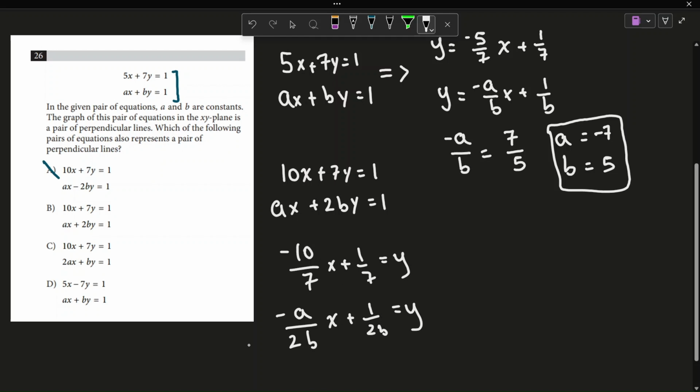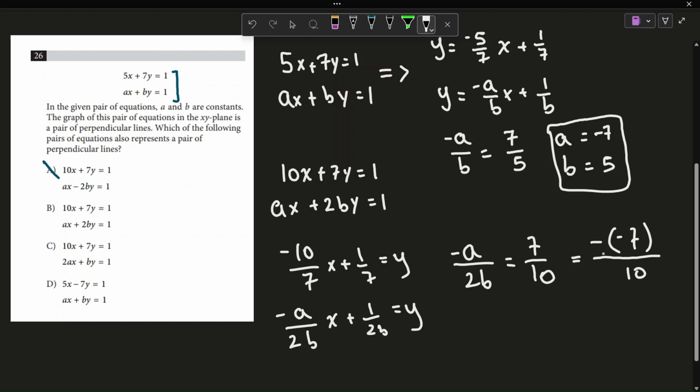We can equate negative a over 2b to the negative reciprocal of the first slope, as we did before. So negative a over 2b is equal to 7 over 10. Does that check out? a is negative 7, and if we plug negative 7 into a, we get negative of negative 7 over 2b, where b is 5, so that's 10.